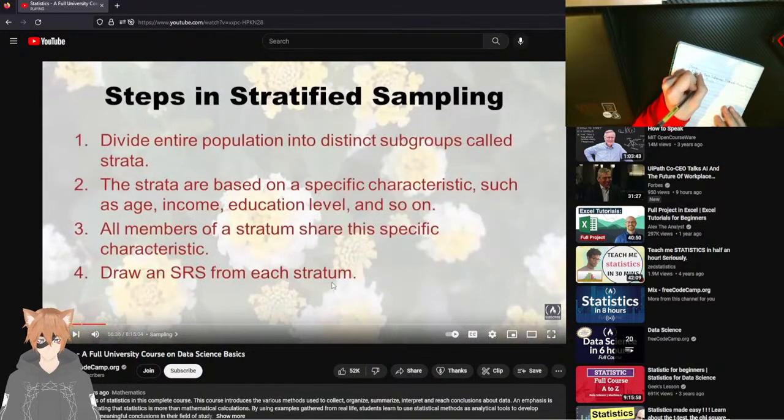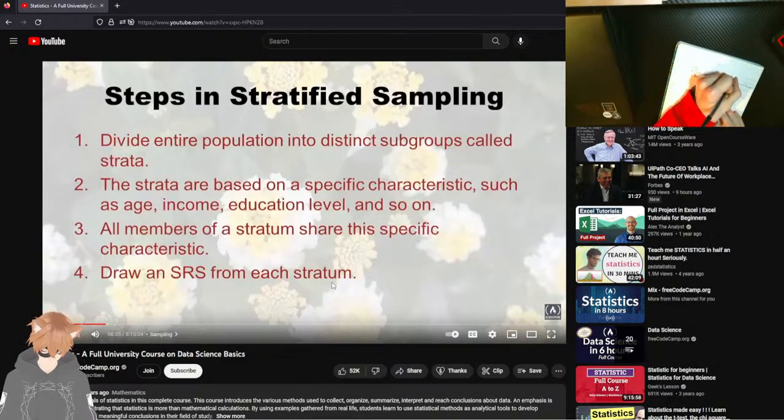Hold on. So first step was divide into subgroups called strata. Put just an example there. Example: income amounts.